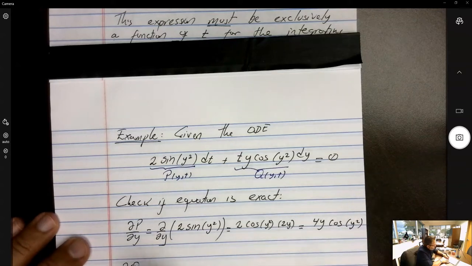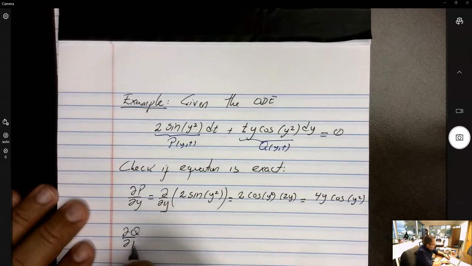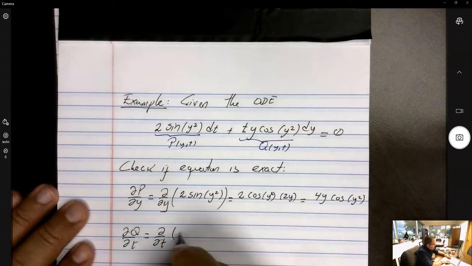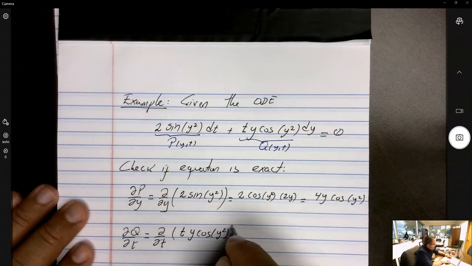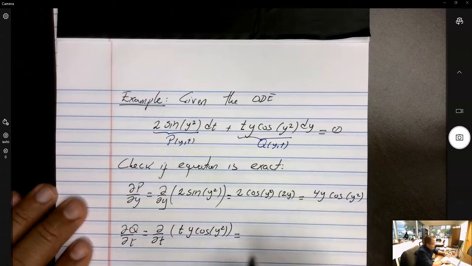And when we do dQ/dt, we take the derivative with respect to t of t y cosine of y squared. In that case, everything is a constant but the t, so that would be y cosine of y squared.